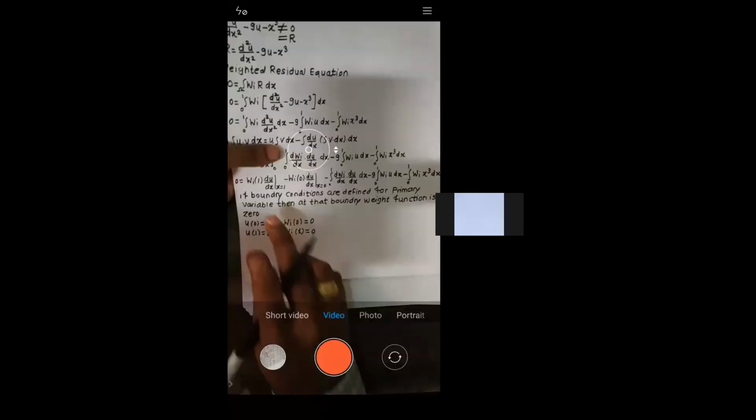Once you reach this equation, you need to check with the boundary conditions.